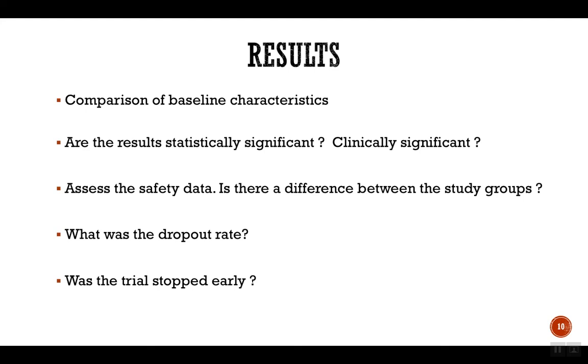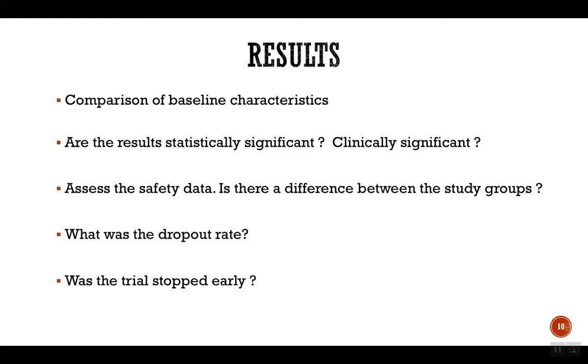Now, are the results statistically significant or clinically significant? Right. So once again, a trial could find that this number of patients had a reduction in the blood pressure, right? But is that really going to translate to patients living longer, right?